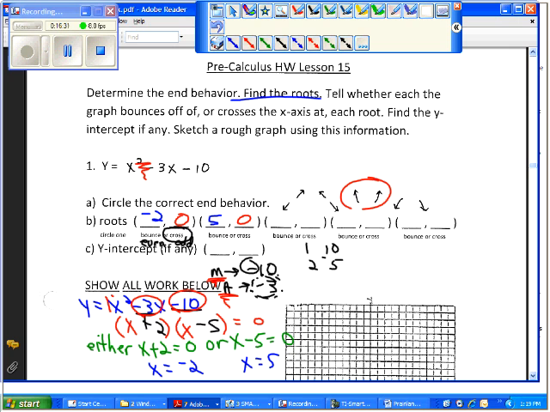Therefore, it's going to cross at negative 2, 0. Okay? The root 5, 0 appeared how many times? 1. Is that an even or odd number? Odd. So it's going to cross at 5, 0 because that root appeared an odd number of times. Okay? Very good so far.